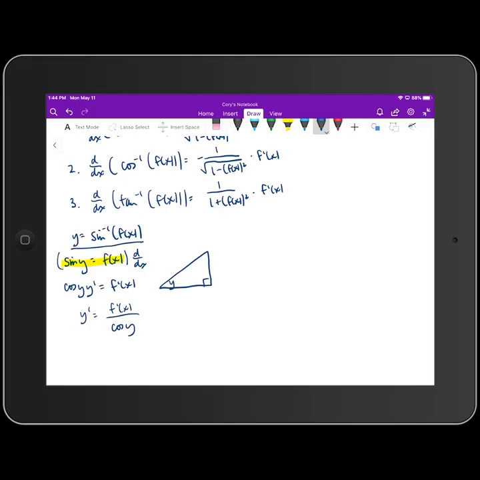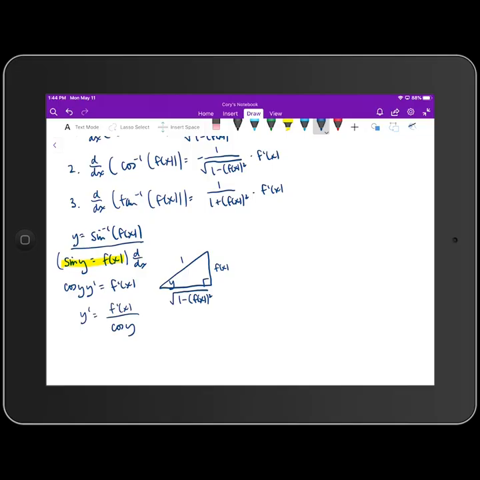We know the sine of y is f of x. So sine is the ratio of opposite over hypotenuse, which is going to make the side opposite f of x. The hypotenuse 1. And then you can use the Pythagorean theorem to find this missing side length, which is going to wind up being 1 minus f of x quantity squared, and then you're taking the square root of that quantity.